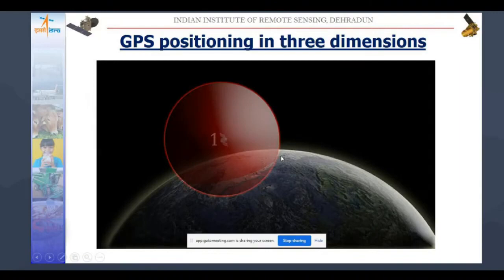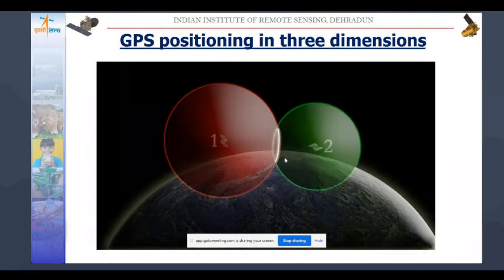How are we estimating the position? Just visualize it. The receiver is actually somewhere on this sphere. Now the second satellite I am taking is also receiving a signal from the receiver.